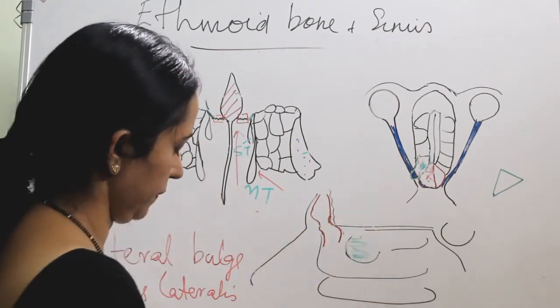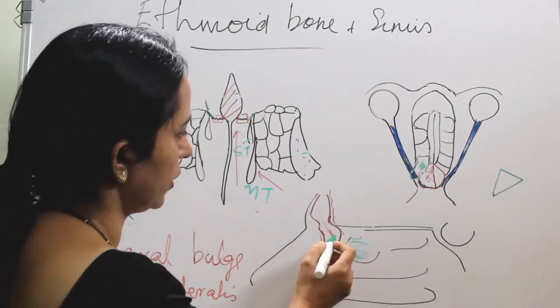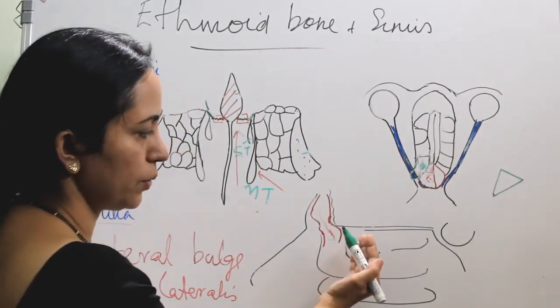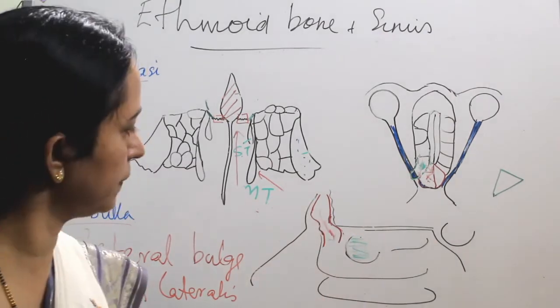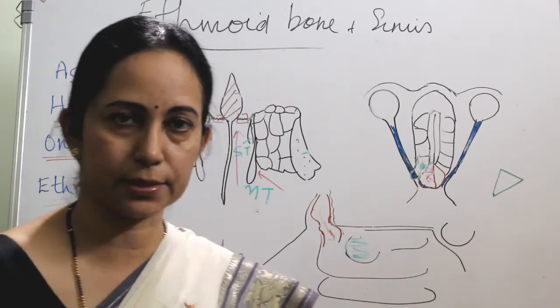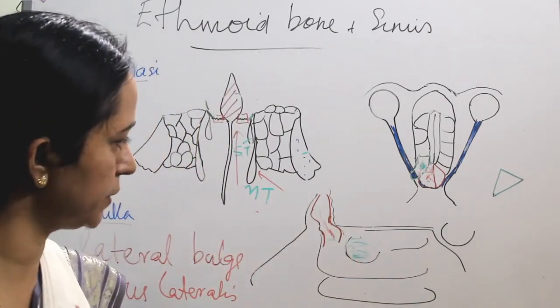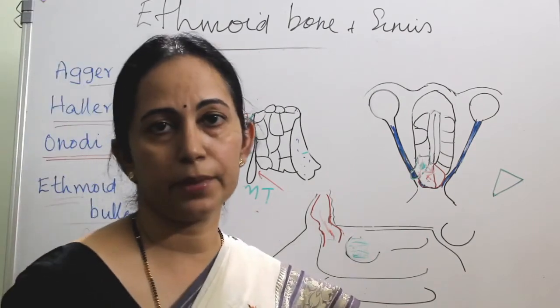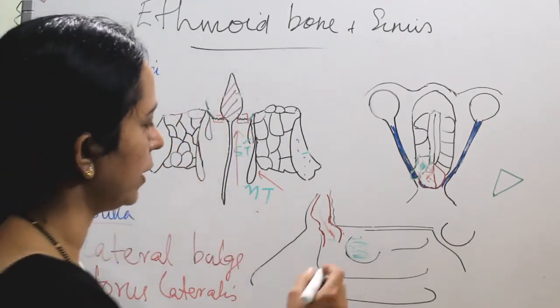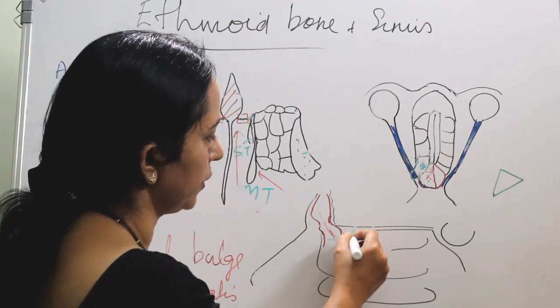So what is this? This is the frontal recess, isn't it? The ethmoid bulla is always posterior to it; it forms the posterior limit of the frontal recess. Sometimes this ethmoid bulla will be attached to the skull base, the roof of the ethmoid.